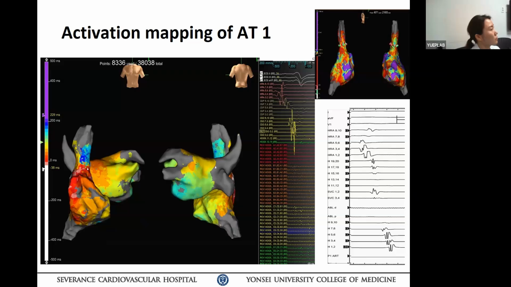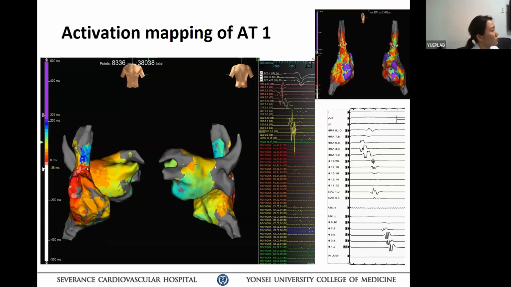I just burned 20 seconds, and the 91-year-old man got phrenic paralysis, and eventually he recovered. But afterward, I do not do circular SVC ablation.